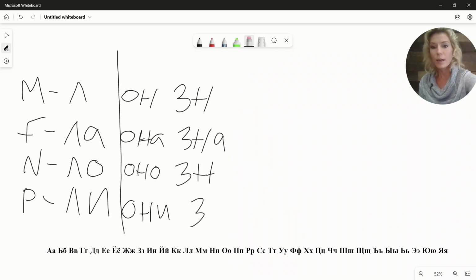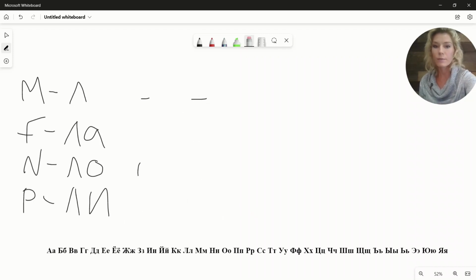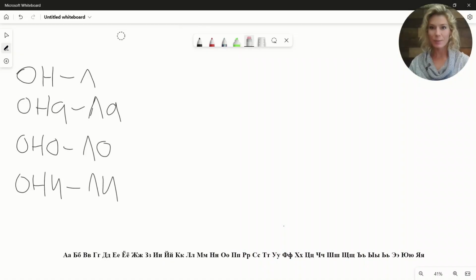And then we do have reflexive verbs. So let's learn about reflexive verbs, how to use them in the past tense. You conjugate them basically the same as how we have learned. We will still have these L, la, li suffixes, but we are also going to keep the reflexive ending.